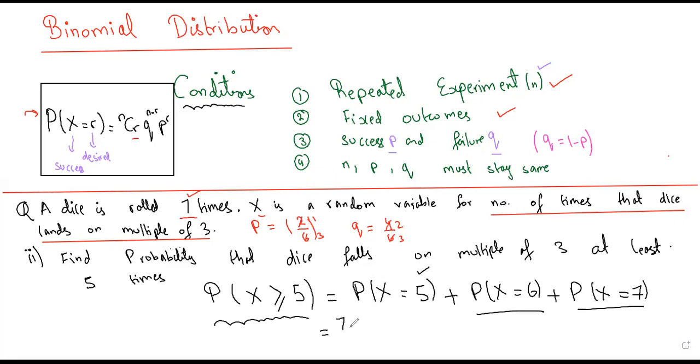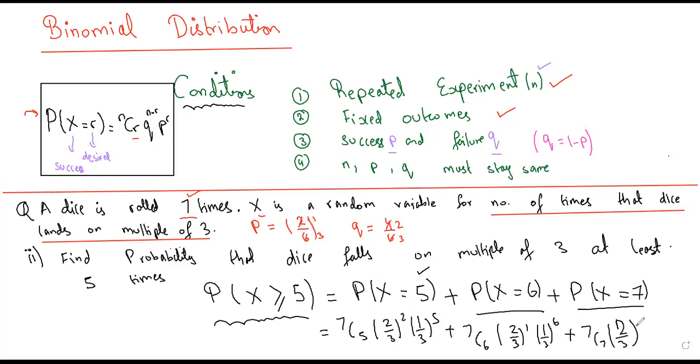So it would be 7C5, (2/3) power 2 and then (1/3) power 5, plus 7C6 (2/3) power 1 (1/3) power 6, plus 7C7 (2/3) power 0 and then (1/3) power 7, and you will simplify this and that is going to give you the answer.